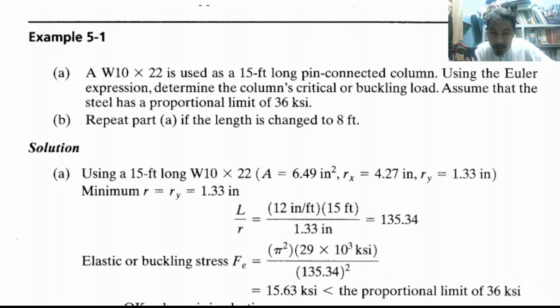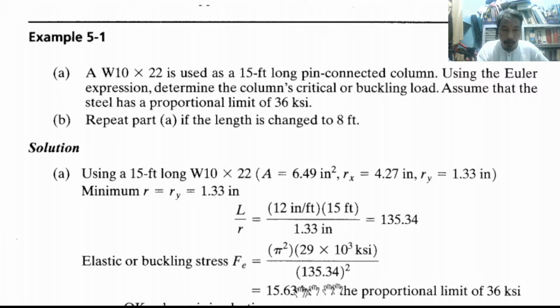Although we are checking that this is less than the proportional limit, we know that this is less than the proportional limit because this is less than 1/2 of 36, which is 18. Take note, we have that in our concept, in our principle. So that is still within the proportional limit.